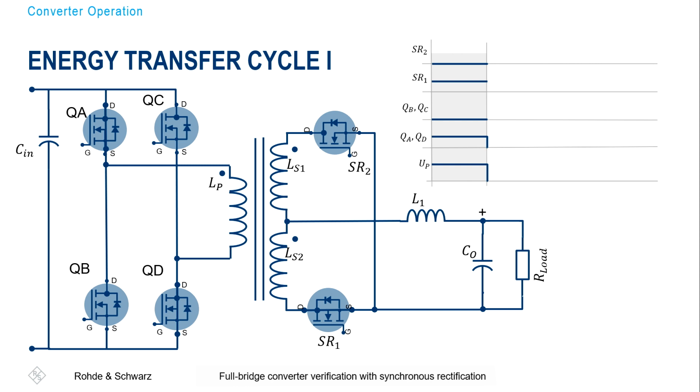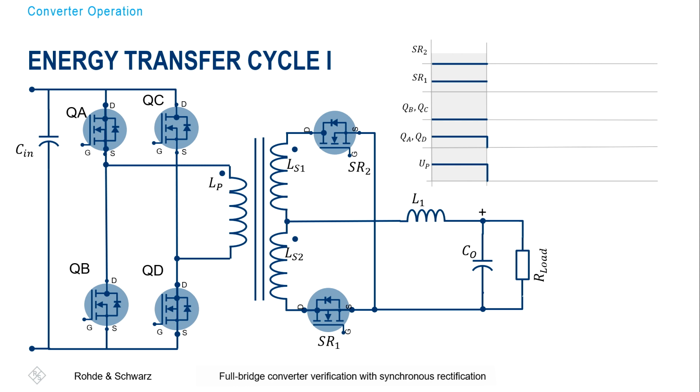Converter operation can actually be divided into 4 parts: 2 energy transfer cycles and 2 freewheeling cycles. It doesn't matter where we start, but we start now with the first energy transfer cycle. The question is how to transfer energy from primary to secondary. We need to switch some components into an on-state.